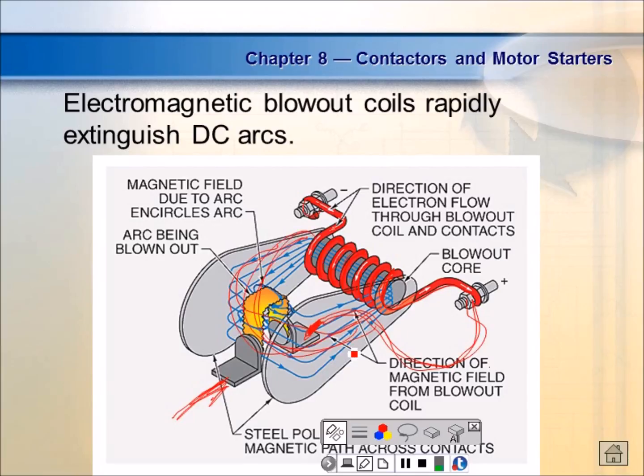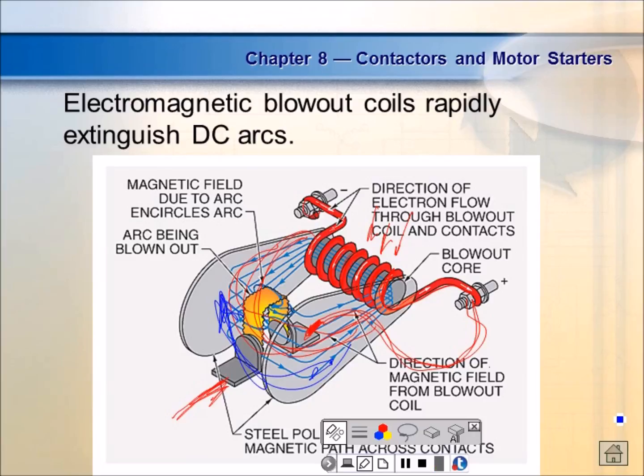So here's my electromagnet right here. And then when the contact opens, and the magnetic field collapses back into this one, it induces a voltage, which just causes the magnetic field to move in the opposite direction. But the magnetic field, when it's collapsing, is flying through the arc, right? You understand? And that is going to blow out the arc. And we call these blowout coils.